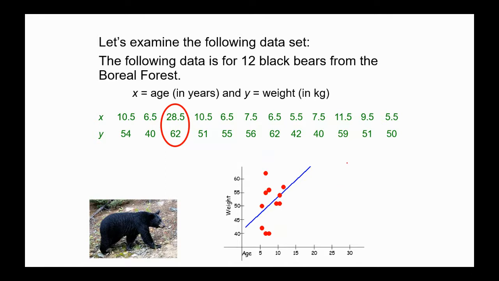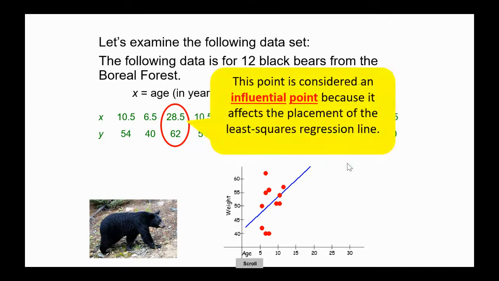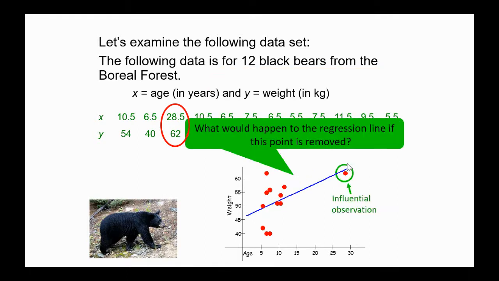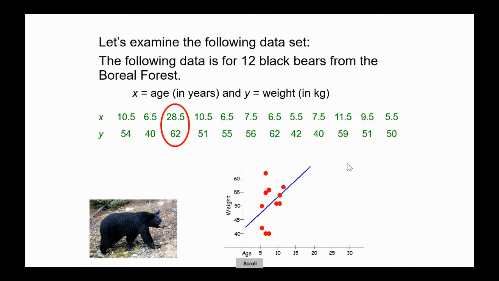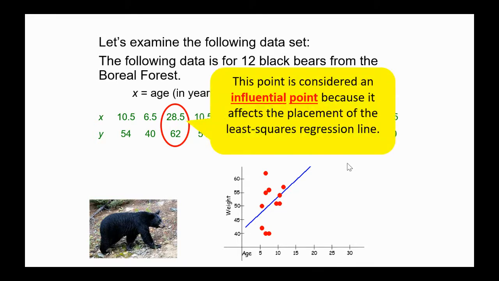But yeah, we don't have that point pulling us down anymore. So the line would change. This one point is what we call an influential point, because it affects the placement of the least squares regression line.